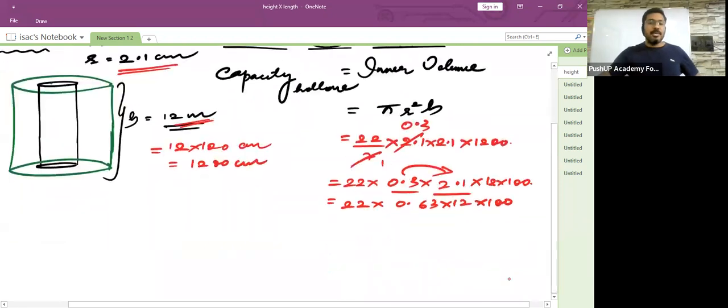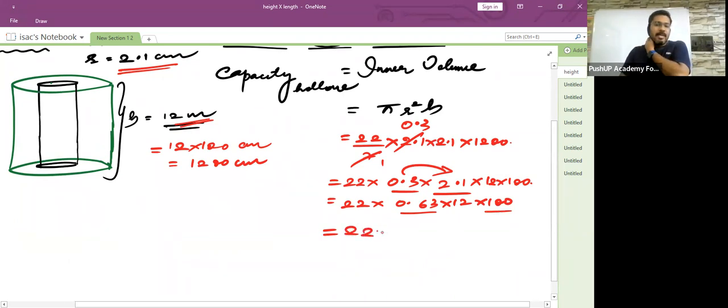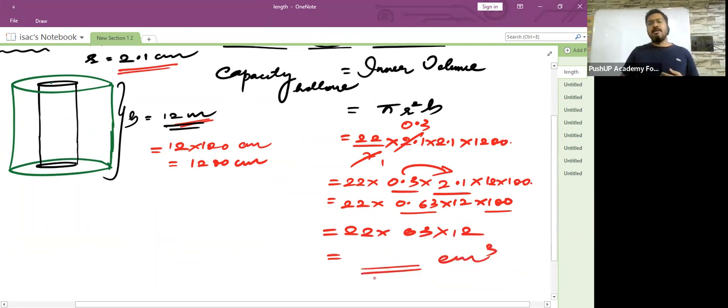Now, very easily you can remove that decimal point. How? Because 0.63 when multiplied with 100 will give you how much? 63. So 22 into 63 into 12. If you do the calculation, you will get the quantity of water which the pipe can fill.